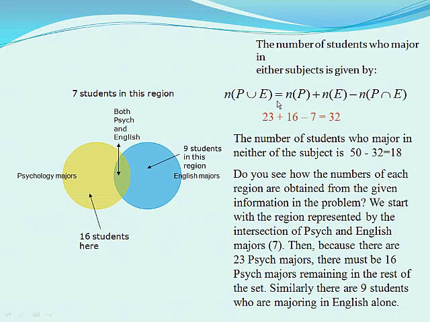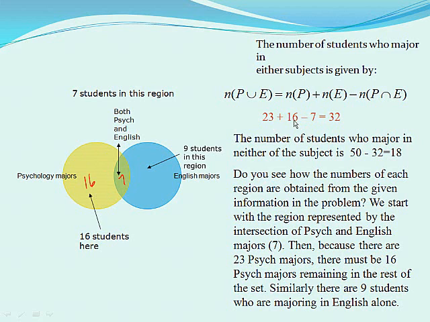From the problem, we know that there are 7 students who are both psychology and English majors. So this region will be 7. Because we know that there are 23 psychology majors, we can subtract 7 to get 16 students like this shaded region there.